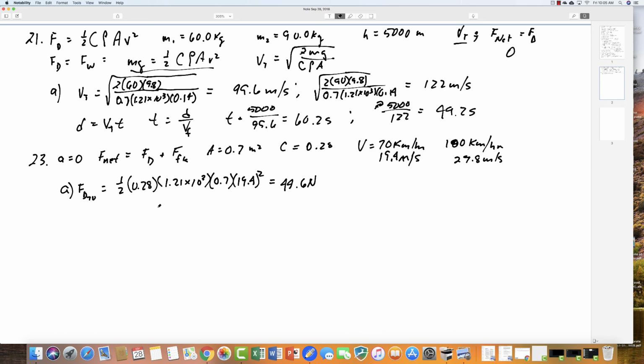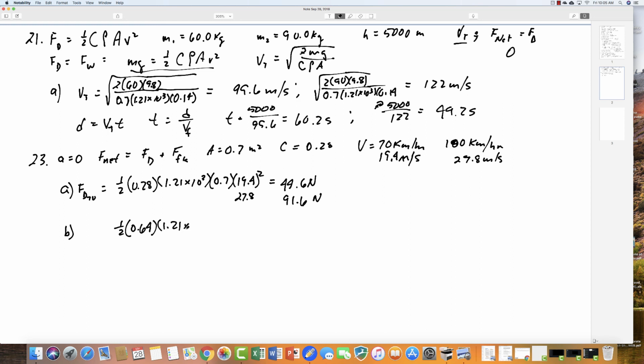The second one is the same calculation, just put 27.8 in here and you should get 91.6 newtons. For the Humvee, the calculations are all the same, except now instead of 0.28, it's 0.64. The Humvee has a much worse profile.